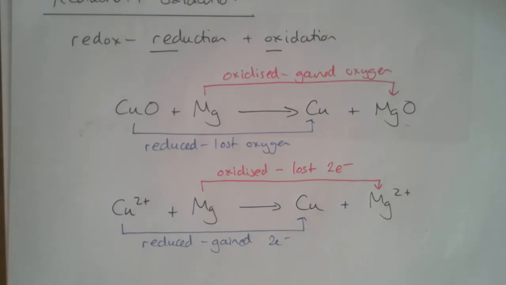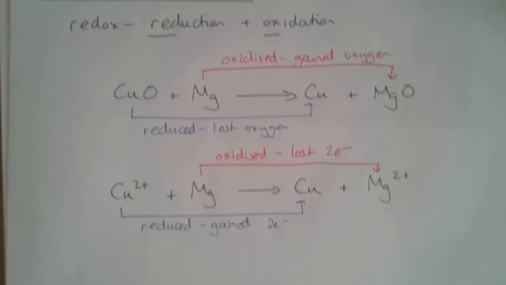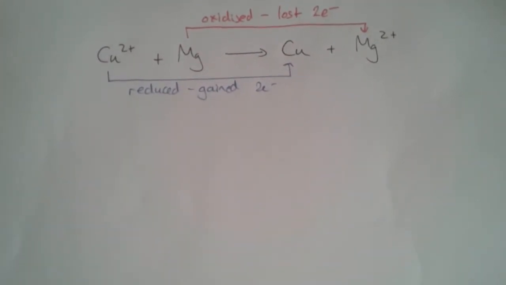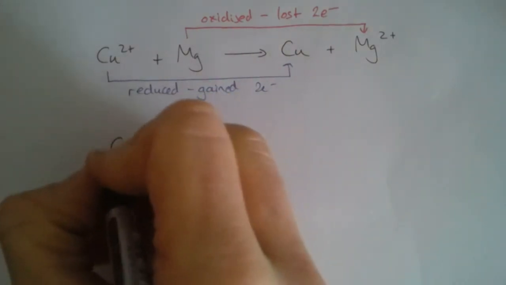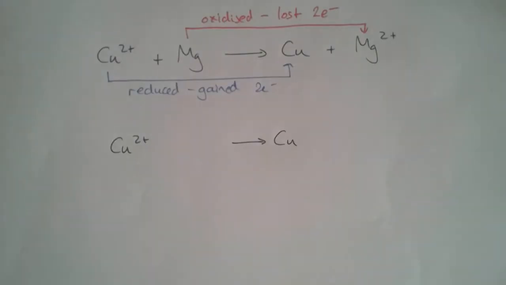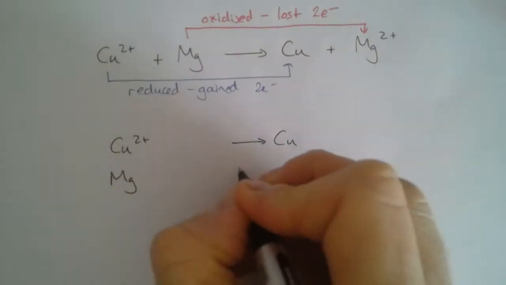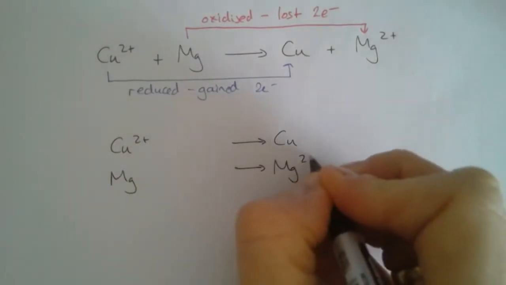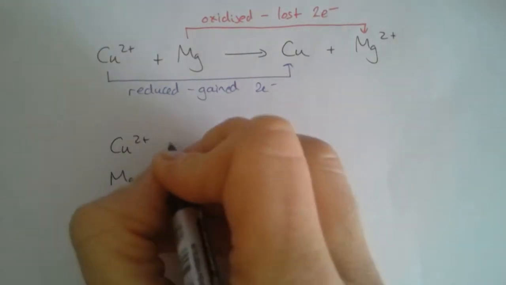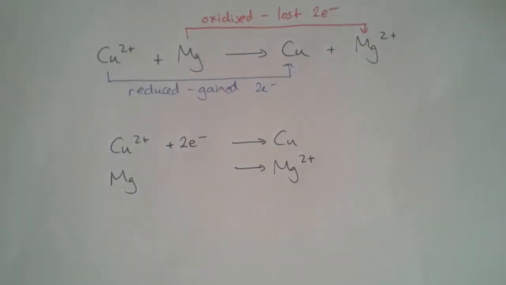So what we can then do is break these two processes down into what's called half equations. So I'm going to leave the ionic equation at the top. I'm going to write two half equations. So Cu2+ becomes Cu, and Mg becomes Mg2+. And for Cu2+ to become Cu, it has to gain 2 electrons.